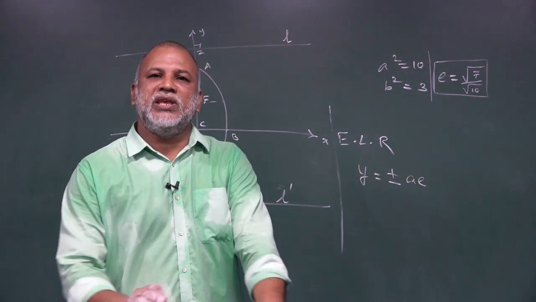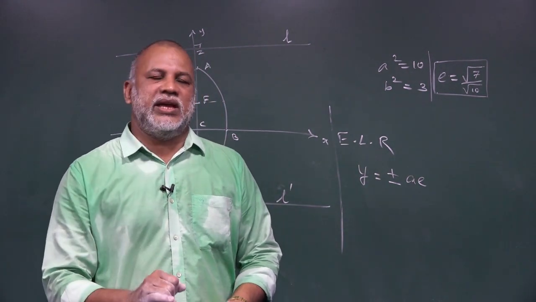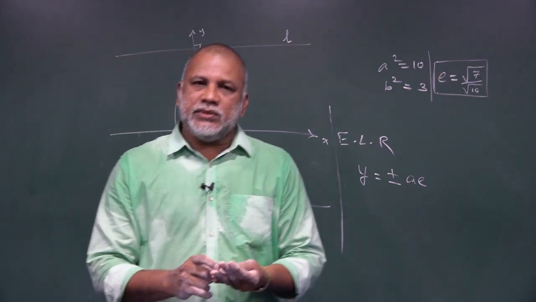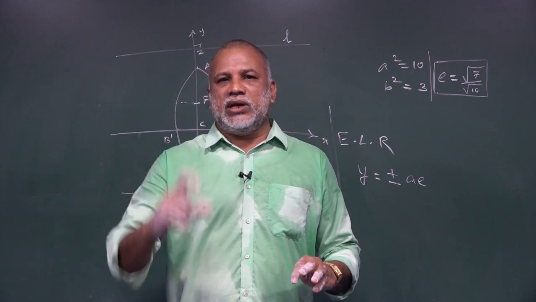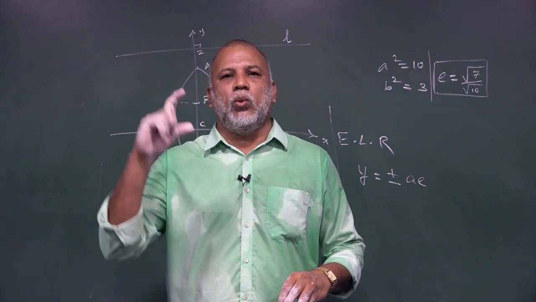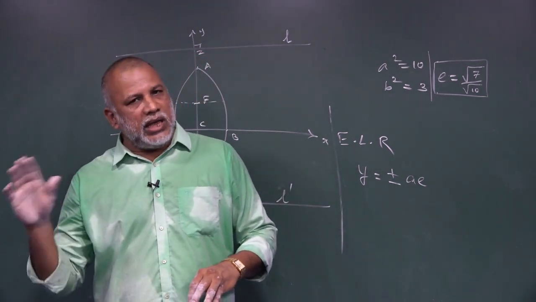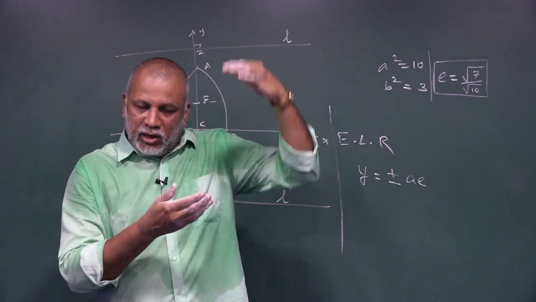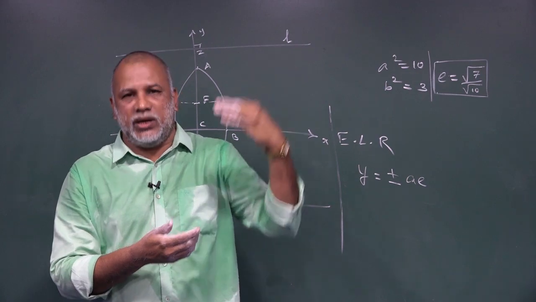Dear students, these are the logics. First decide, as per the given data, which type the given ellipse belongs to. For example, x squared by a squared plus y squared by b squared equal to 1, a always greater than b. That means the greater value is the denominator of x squared.